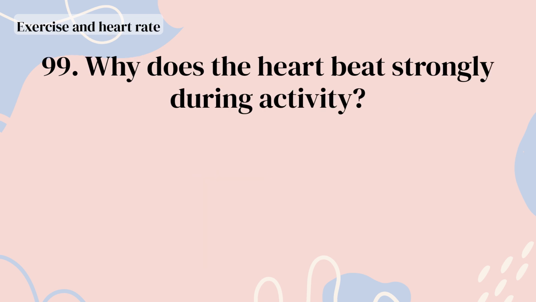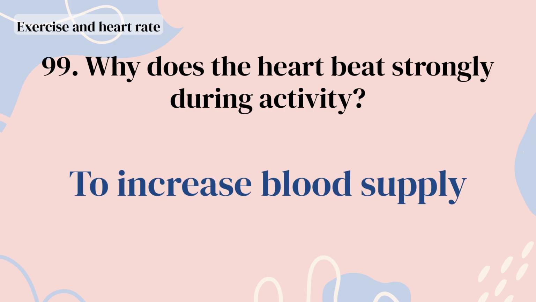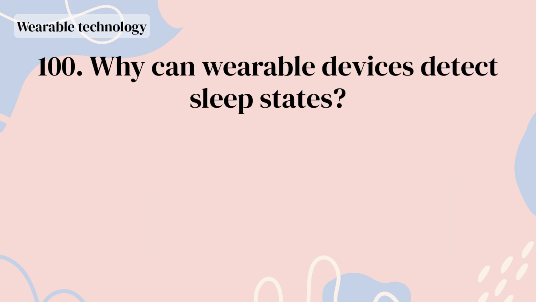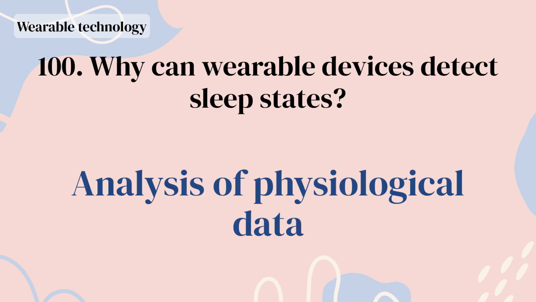Which component changes a robot's direction when it moves? Servo motor. Why does the heart beat strongly during activity? To increase blood supply. Why can wearable devices detect sleep states? Analysis of physiological data.